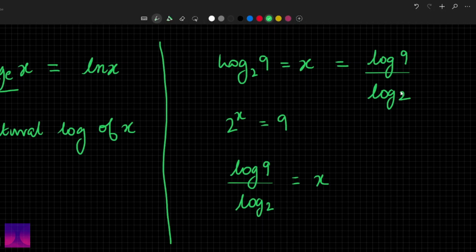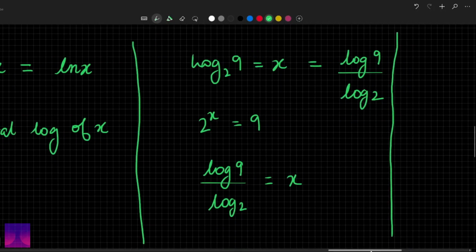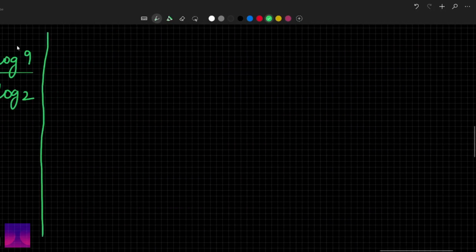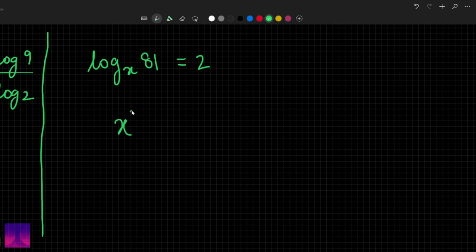Let's take another example. Log base x of 81 equals 2. Now this is a bit different, but it's easy, right? Let's write this in the exponential form. So x to the power 2 must give you 81, right?